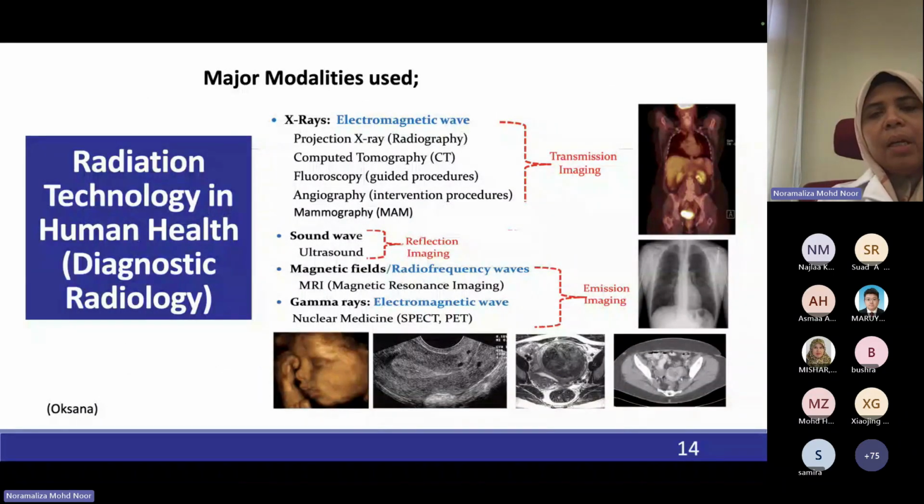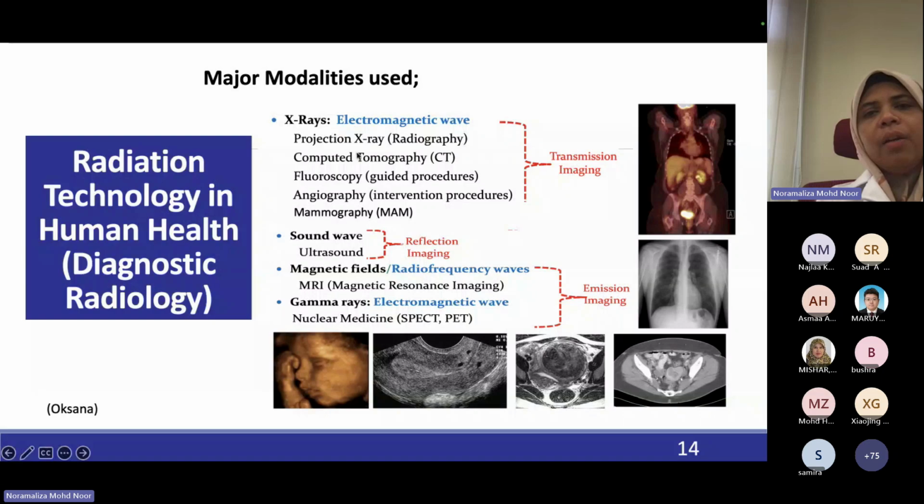This is the working principle behind all these diagnostic modalities, like X-ray. To get the image, we use electromagnetic waves, and all of these modalities use electromagnetic waves to produce the image.